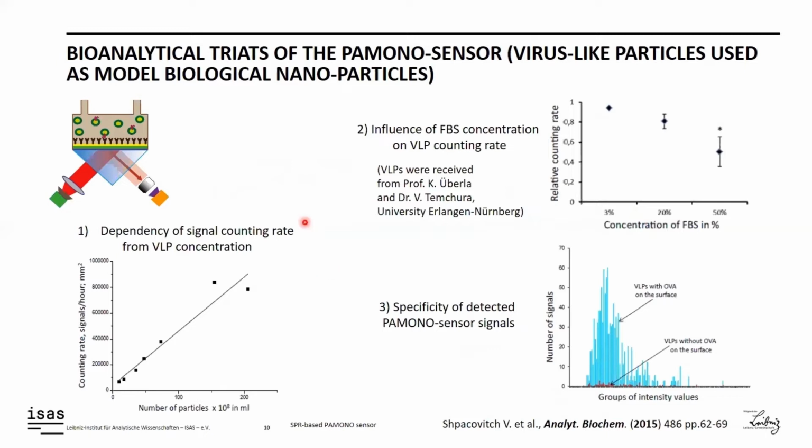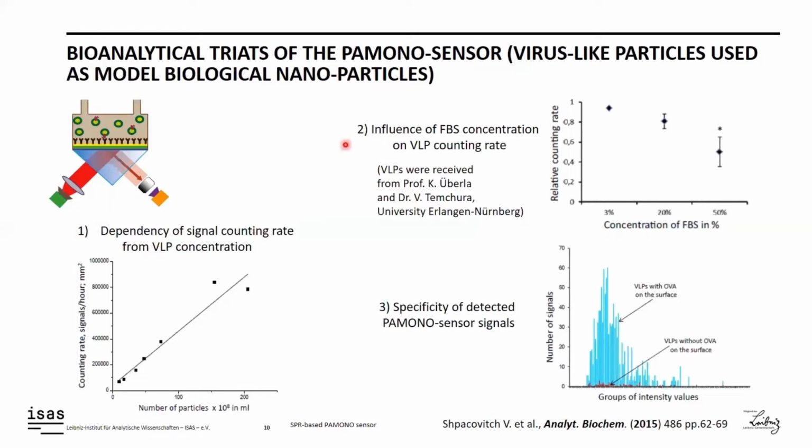First of all, we found linear dependency between the signal counting rate and the number of particles in samples. We demonstrated this for non-organic and for biological particles. This feature helps us to measure the concentration of viruses or virus-like particles in the sample upon appropriate calibration of our PAMONO-sensor.